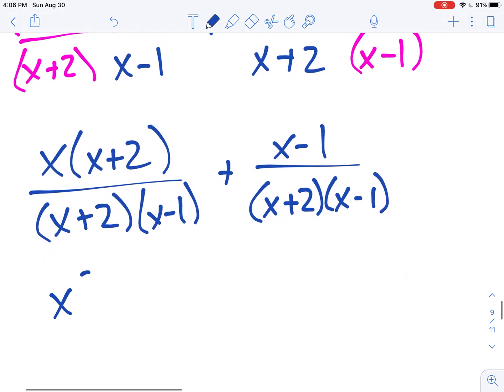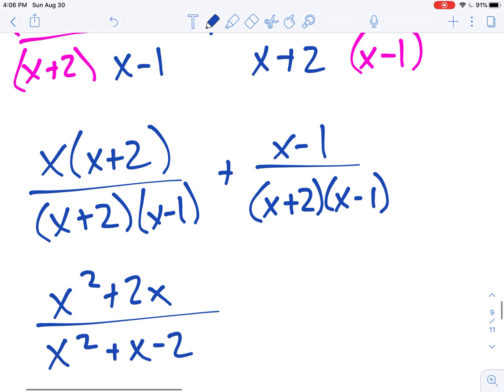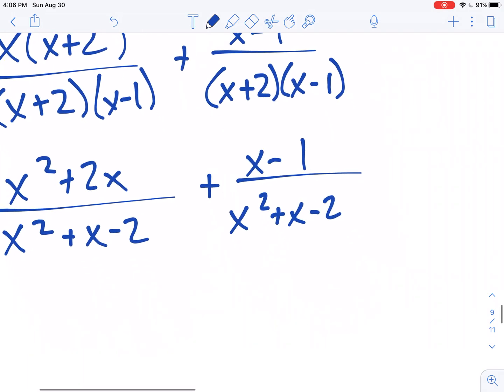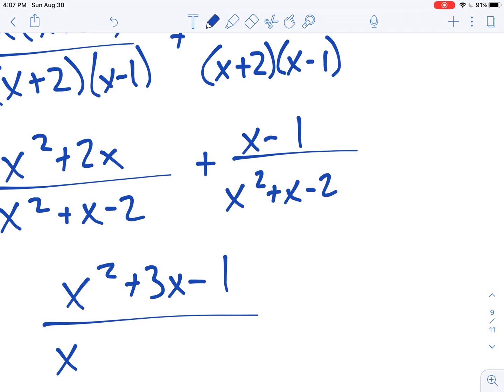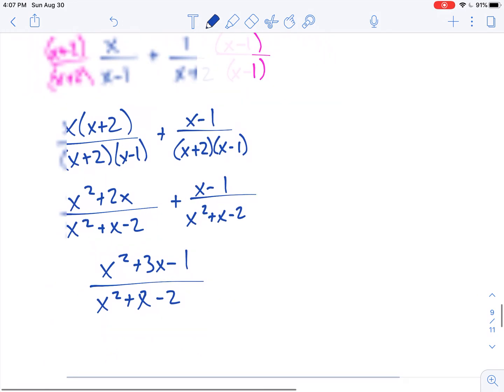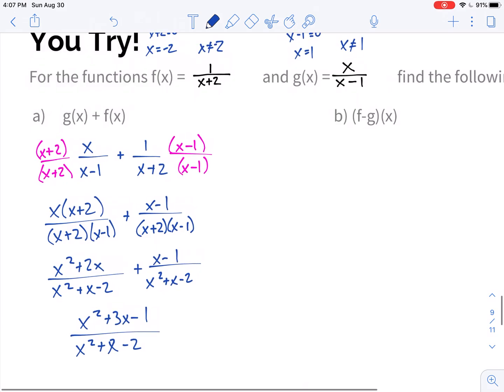That becomes x squared plus 2x all over x squared plus x minus 2, plus x minus 1 over x squared plus x minus 2. And then I end up with x squared plus 3x minus 1 all over x squared plus x minus 2. And in this case, my domains were different from the beginning.